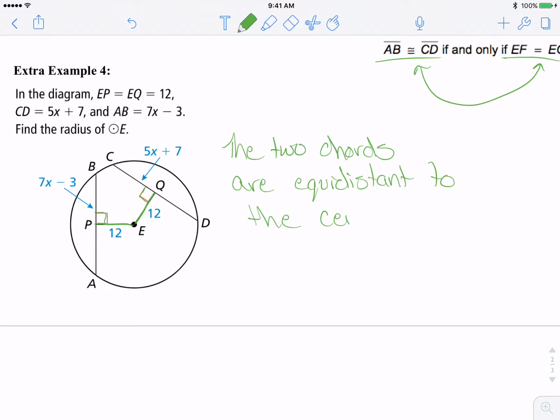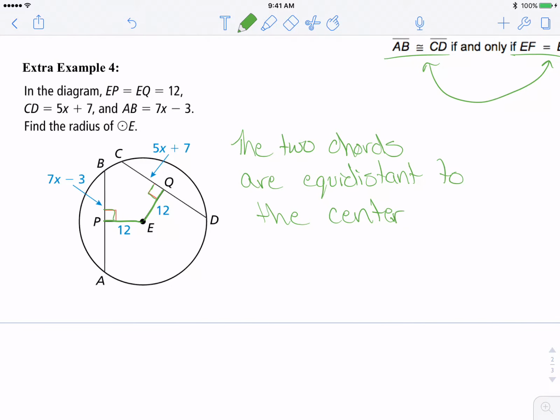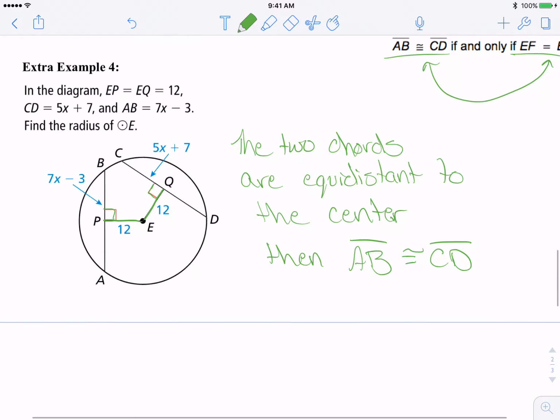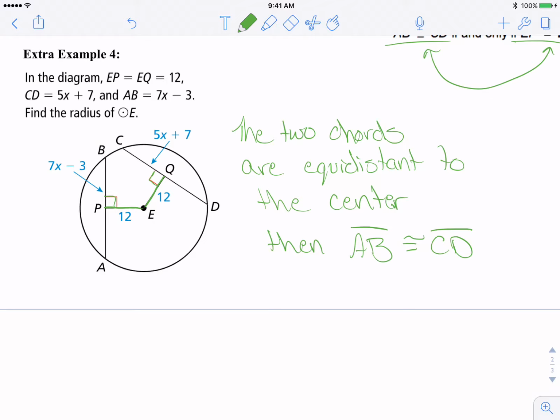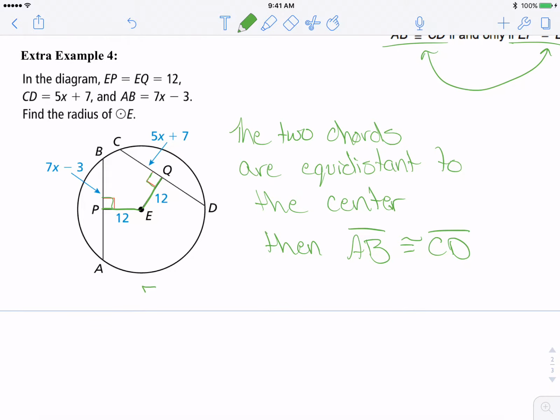So if I know the two chords are equidistant to the center, there's only one center, then I know that chord AB is congruent to chord CD. So if the two chords are congruent, their measures are the same. So I know that 7x minus 3 equals 5x plus 7.